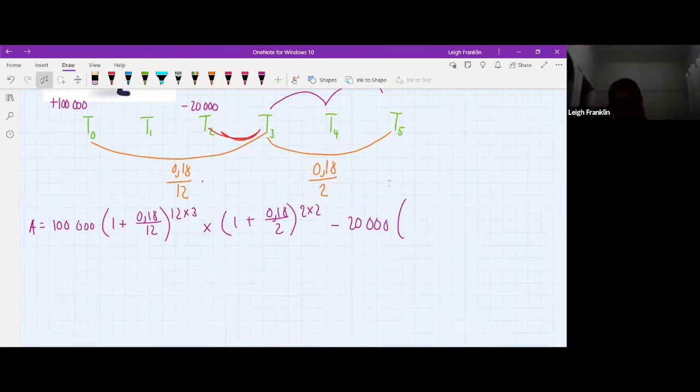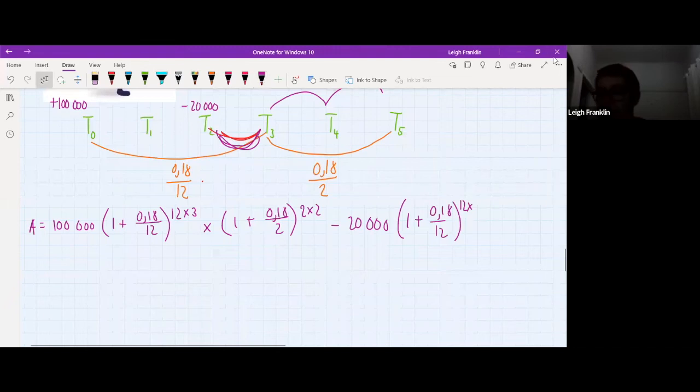So the 20,000 Rand gets taken out at T2. It loses interest at the original rate for 1 year, so from T2 to T3. That's what this bracket is: 1 plus 0.18 over 12 to the power of 12 times 1.